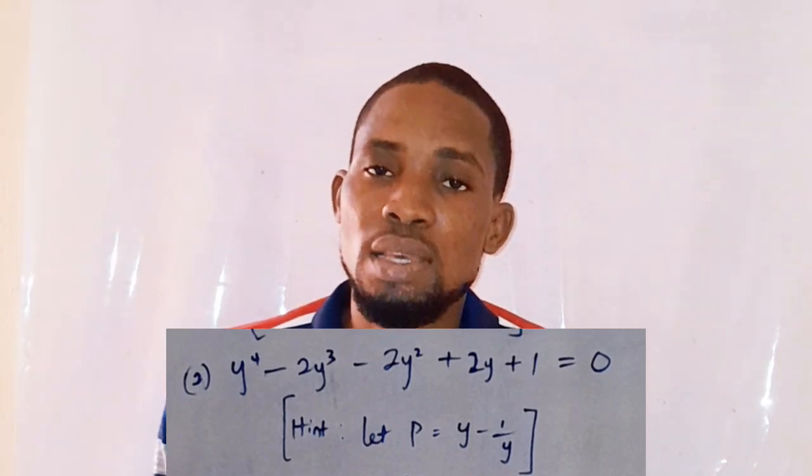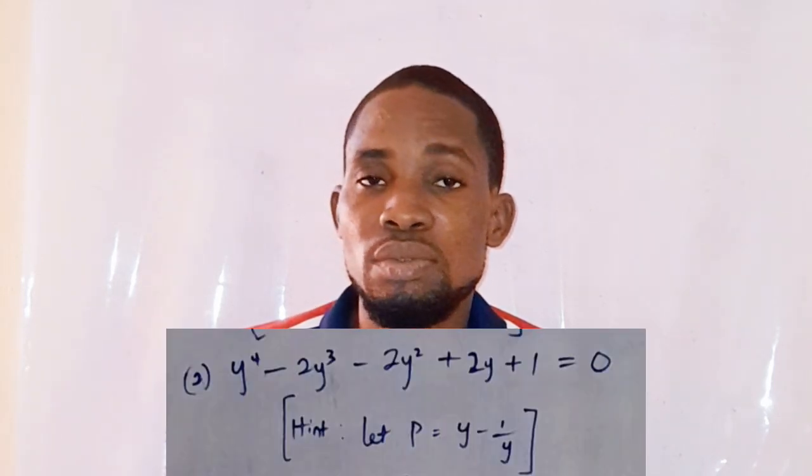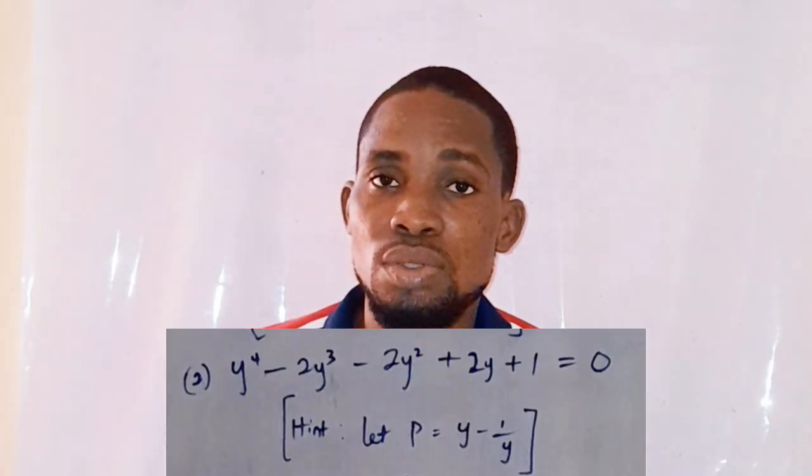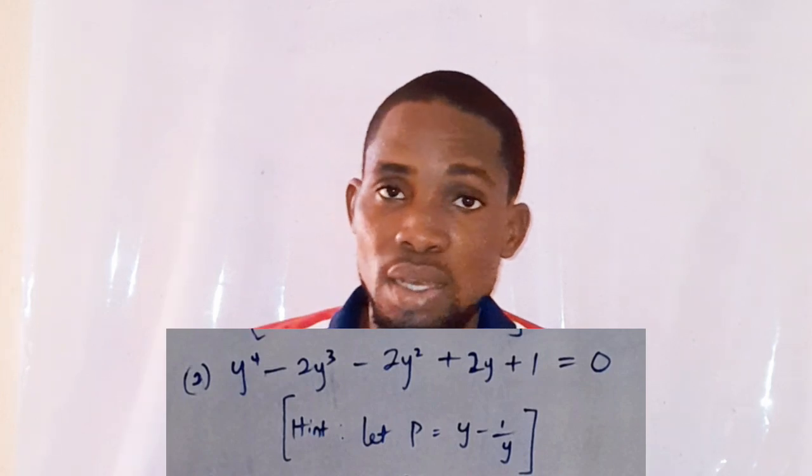If that is the case, then what does it imply also? It implies that I can transform the equation to the form of p, where I will now substitute p to get my answer. In that case, if I'm substituting p, what am I looking for? I'm looking for p, obviously. Then after getting p, I could now say the one of the y equation is equal to p's value to get y.